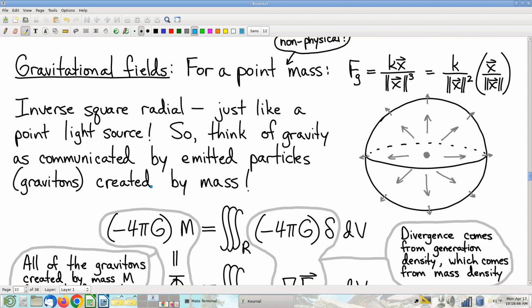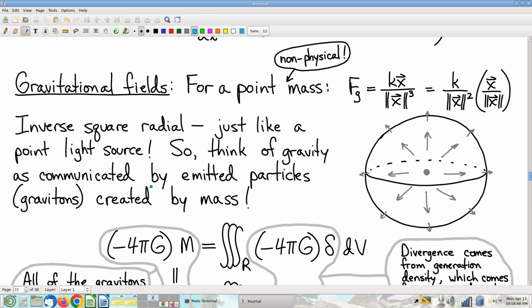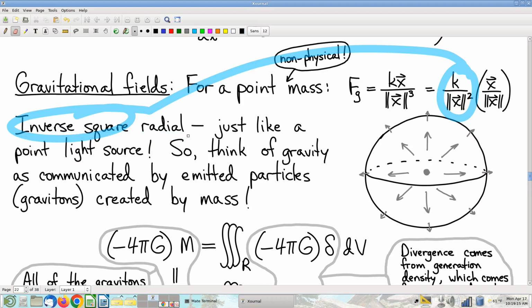Okay, so let's talk about gravitational fields. A lot of y'all have seen gravitational fields before. We've previously discussed how they're inverse square radial, right? And that's what this formula right here is. Don't forget, one of these three factors in the denominator goes to making your direction a unit vector direction, thus making the remaining inverse square.